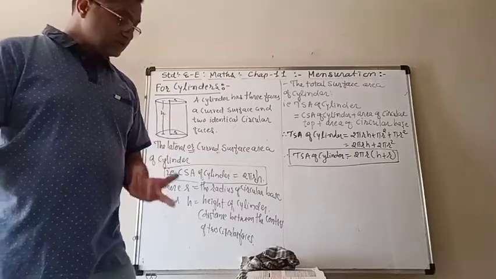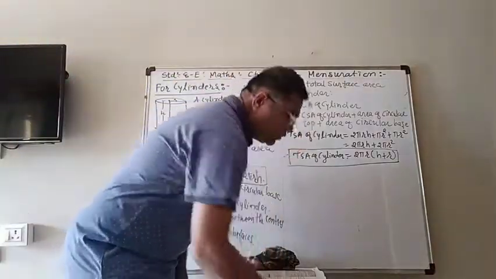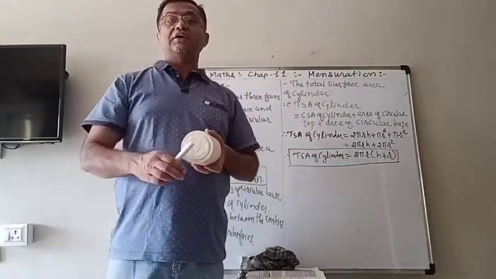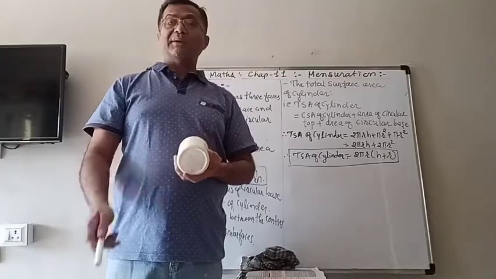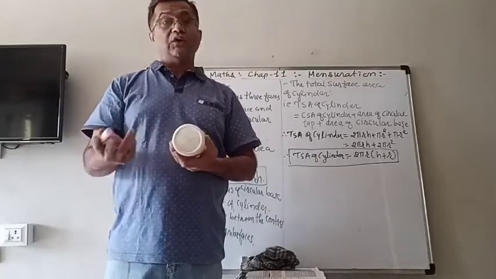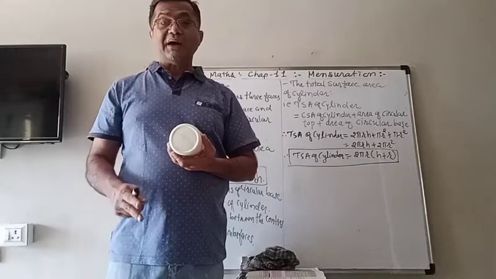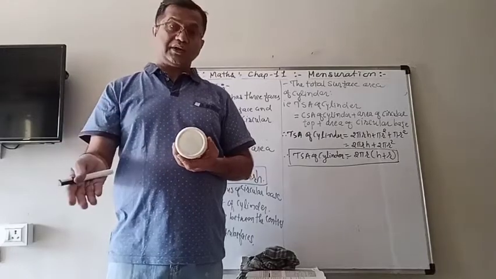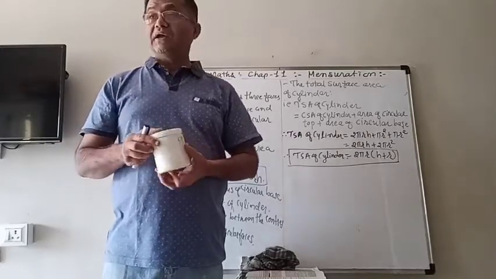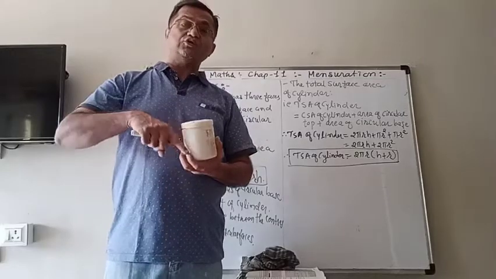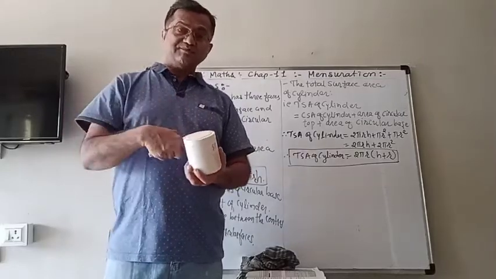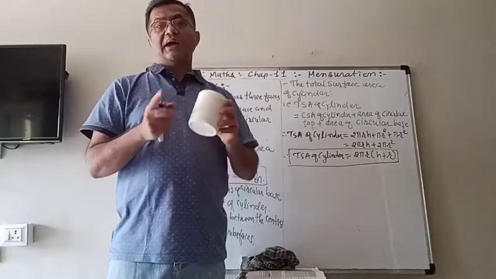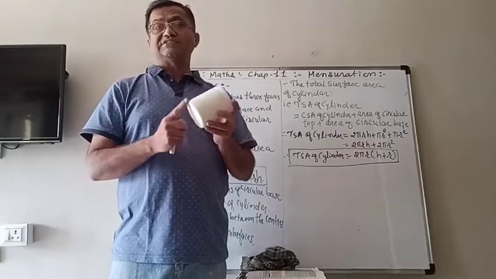Now we saw that it has not only the curved surface but also the area of the top and bottom, which are circles. What is the area of a circle? Pi r square. So for total surface area we have to add the CSA plus the area of top and the area of bottom, which are identical.